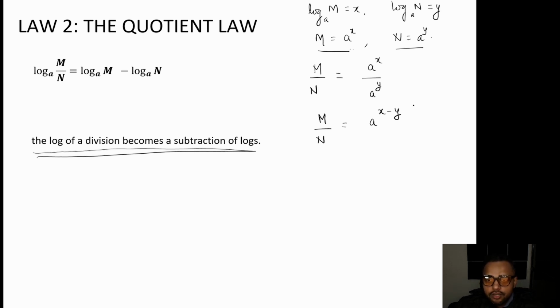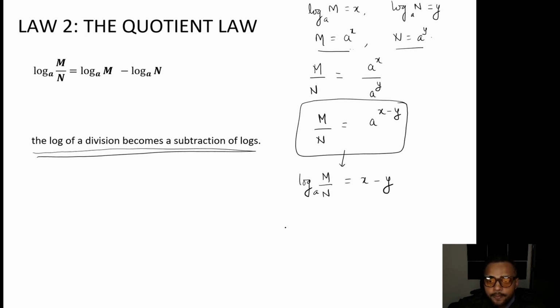Now if we convert this equation into logarithmic form, it will be log base a of m by n equals x minus y. We substitute x equals log of m base a and y equals log of n base a.